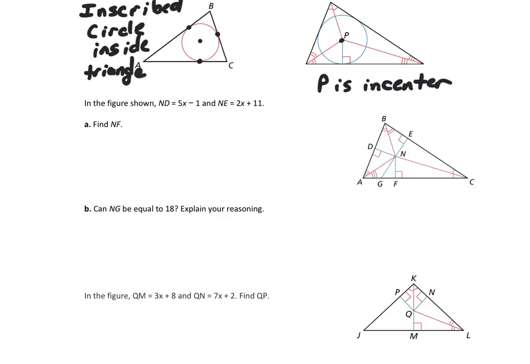Does it go to the vertex or does it go to the side? It goes to the side, yeah. Because like here, do NA and NC look like they're going to be the same length? No. So if I go to the vertices, those don't look congruent, right? So the three that I'm looking at here are NF, ND, and NE. When I look at those three, NF equals ND equals NE.